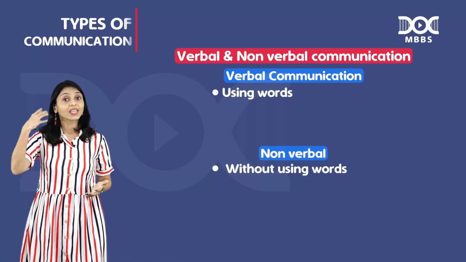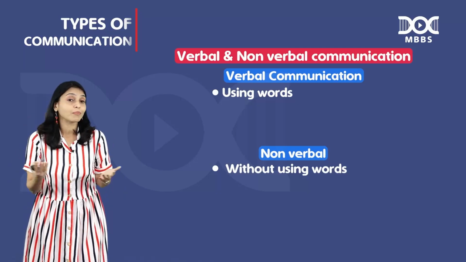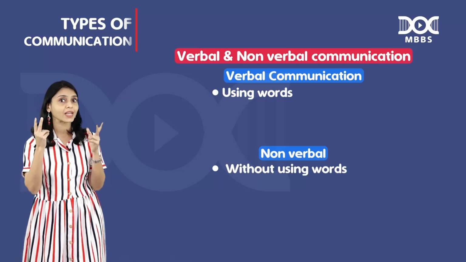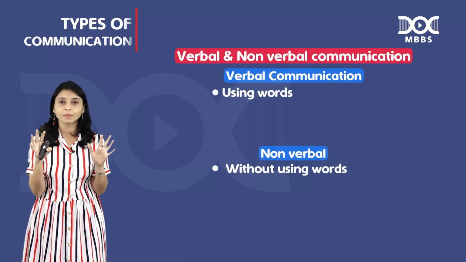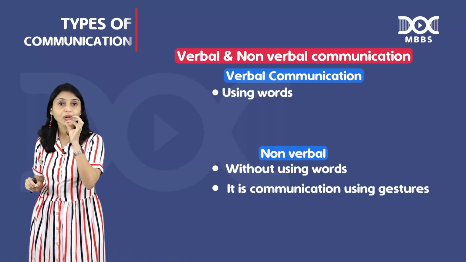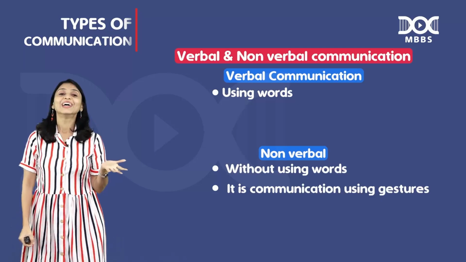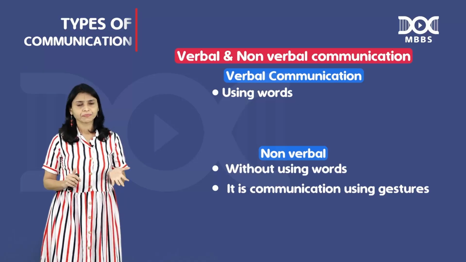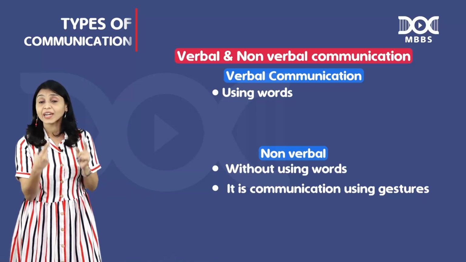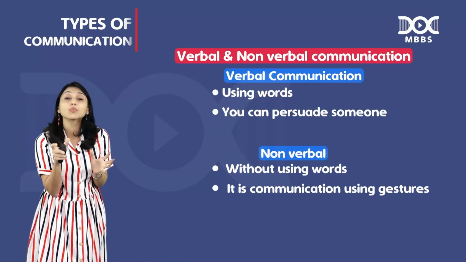Even without words, it's very possible to communicate with another person using your eyes, your hands. That means using gestures, you can communicate to the other person. You don't have to open your mouth at all, right? So you have verbal and non-verbal. Verbal, as I told you, is using words, and the advantage of verbal is you can persuade someone.